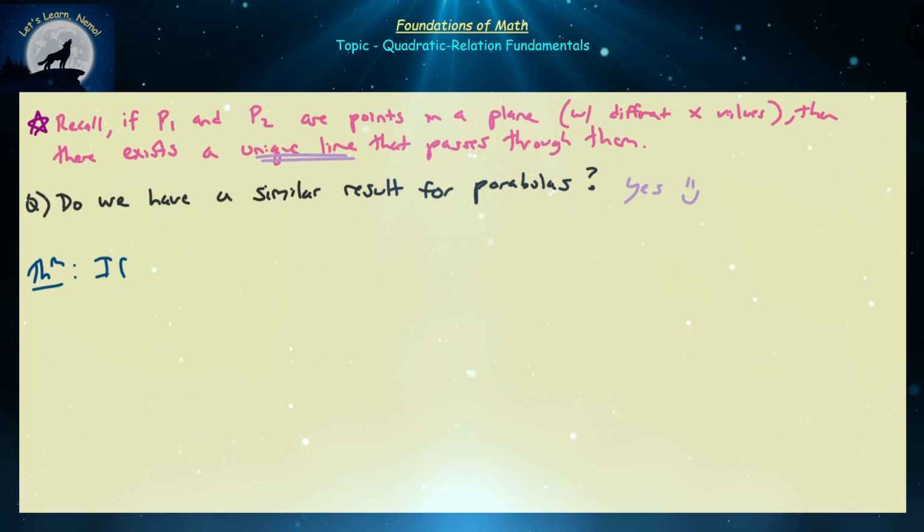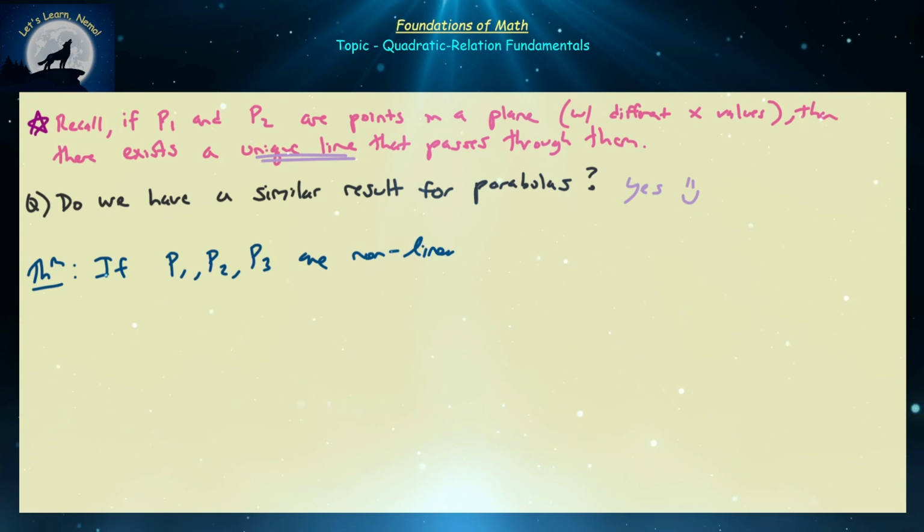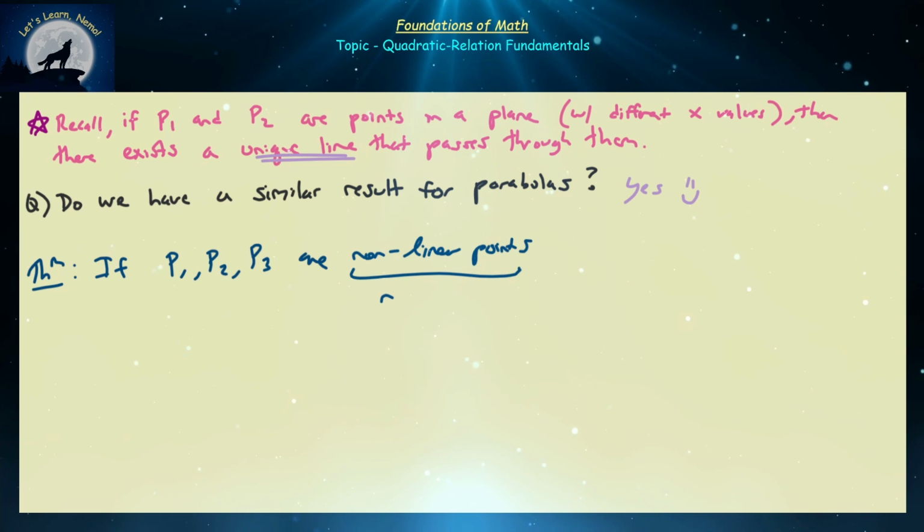So let's assume that we have 3 points, P1, P2, and P3, and let's assume that they are all non-linear points. That is, the slope between P1 and P2 is not equal to the slope between P2 and P3, and the intercepts of those lines are not the same. So they're not collinear. Non-linear points, aka non-collinear, is another way of saying it.